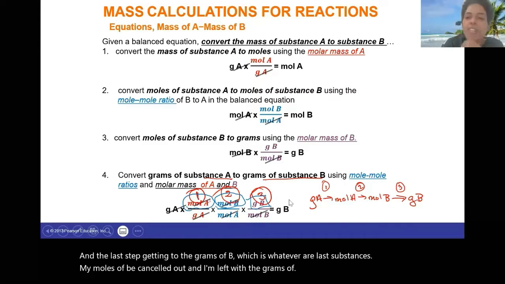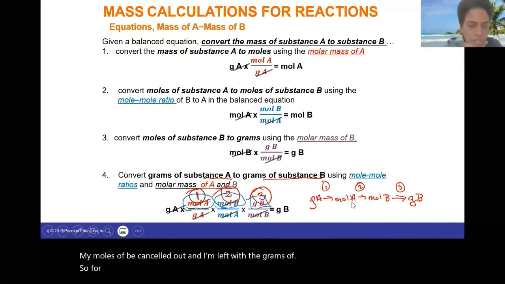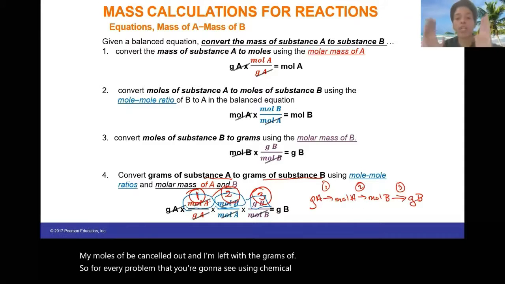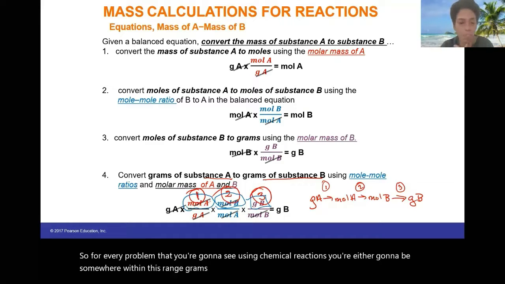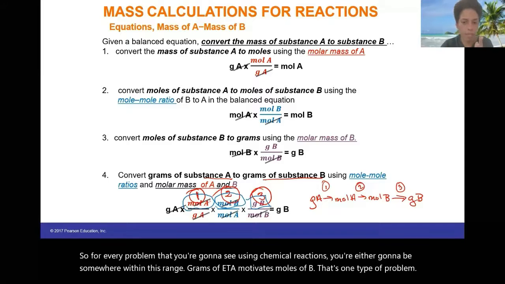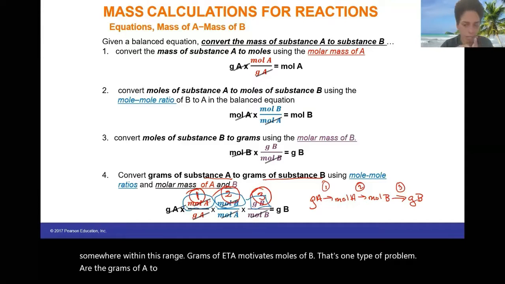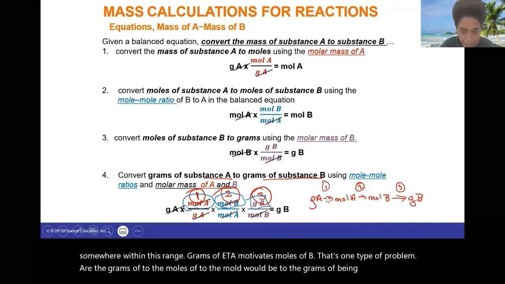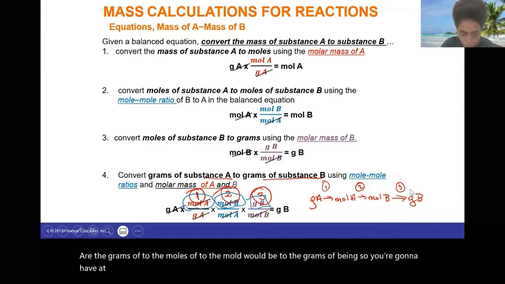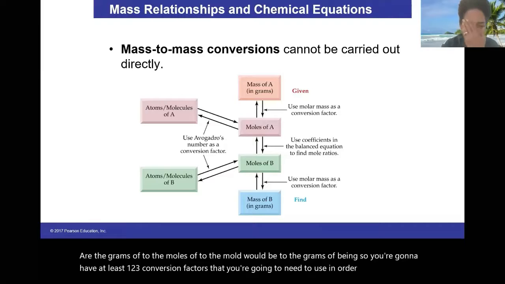So for every problem that you're going to see using chemical reactions, you're either going to be somewhere within this range, grams of A to moles of A to moles of B. That's one type of problem. Or the grams of A to the moles of A to the moles of B to the grams of B. So you're going to have at least 1, 2, 3 conversion factors that you're going to need to use in order to solve these problems.